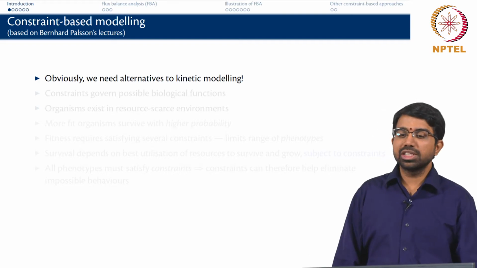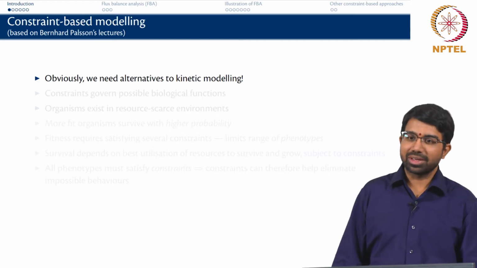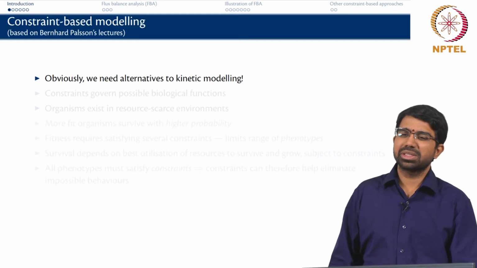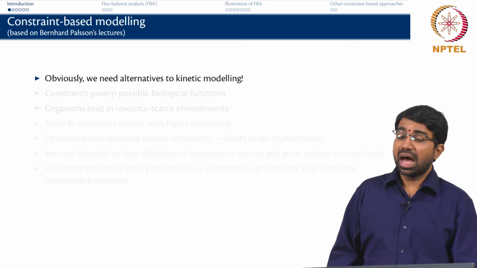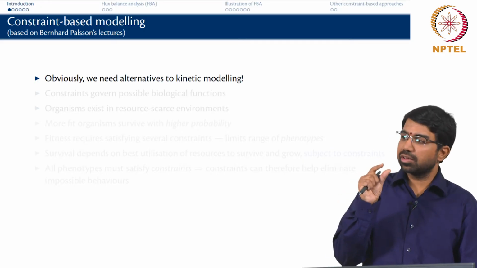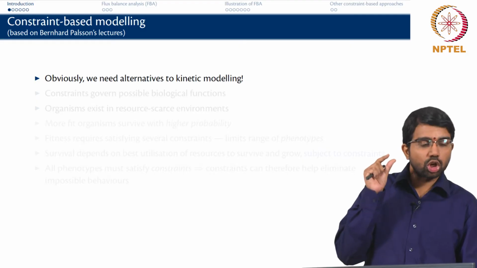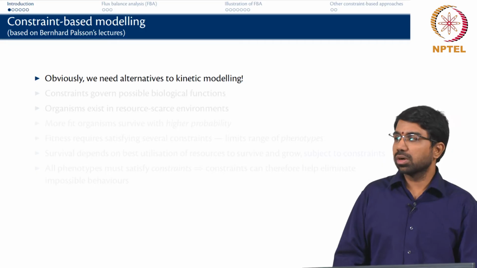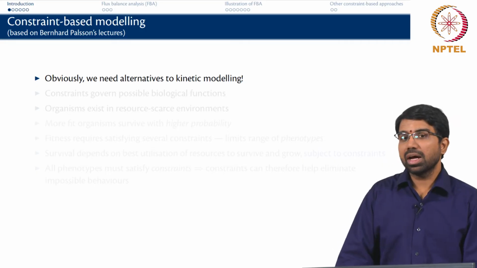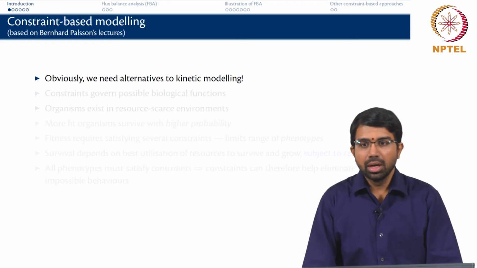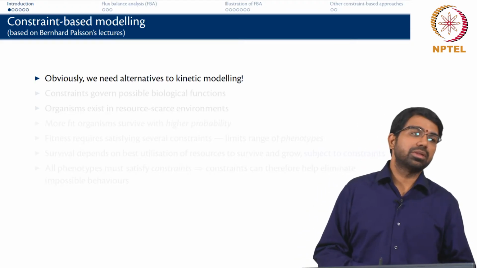If you want to build a genome scale kinetic model, people have, by the way, it is very tricky, very difficult, simply because you have to estimate something like 2000 parameters. Unless you have very respectable tight estimates for each of the parameters a priori, you are not going to be able to estimate or build such models very effectively. But people are bravely attempting this, and with good reason, but clearly you need a simpler method, right.